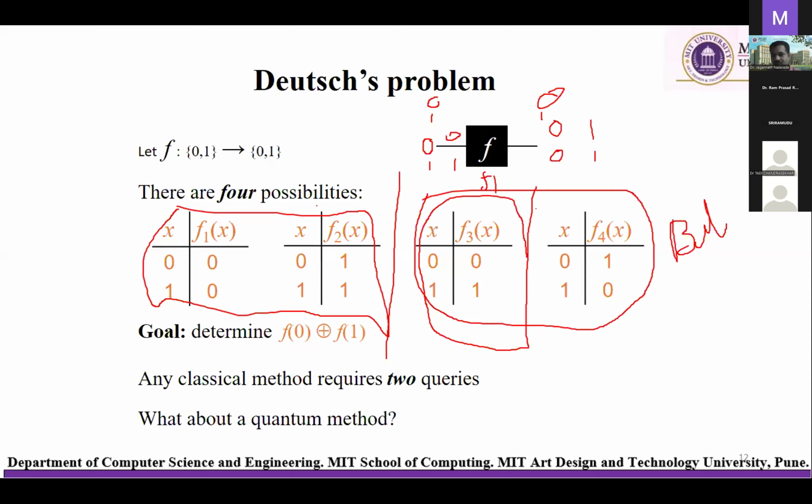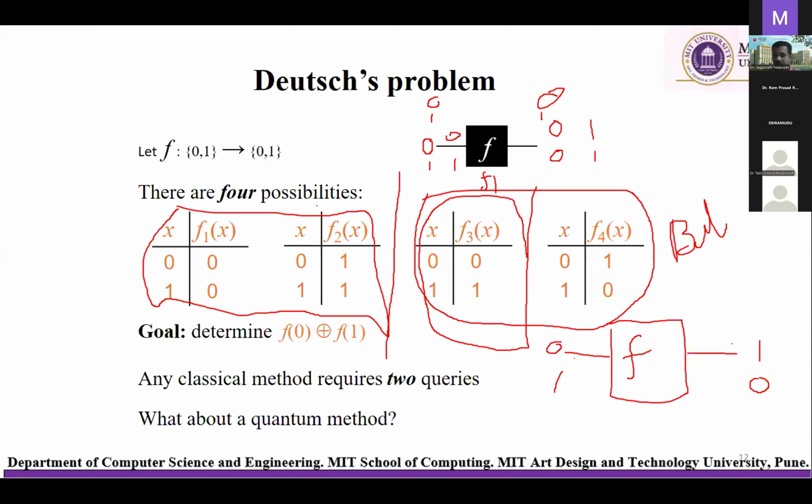Now next, suppose we consider f as a black box. We are passing the input to this f, and if we consider this f4 of x, then if the input is 0, the output is 1, and if it is 1, then the output is 0.